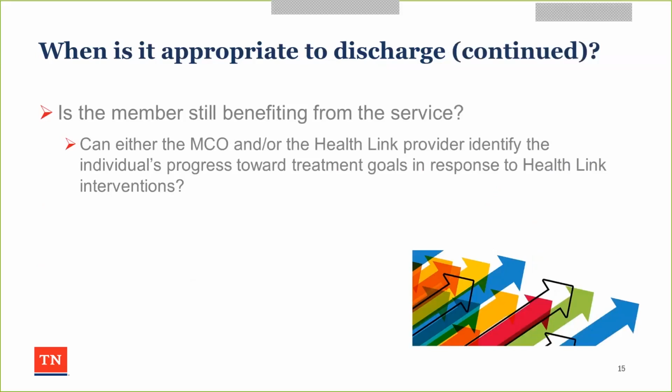And is that progress related to the Tennessee Health Link interventions? Is it something that they are benefiting from having that care coordinator or outreach specialist or whatever term might be used for that provider? Is there benefit to having that member still receiving that service?